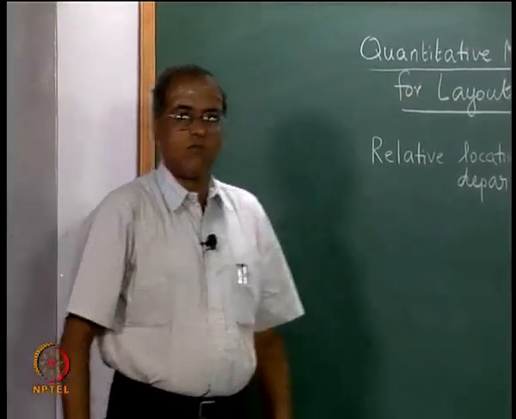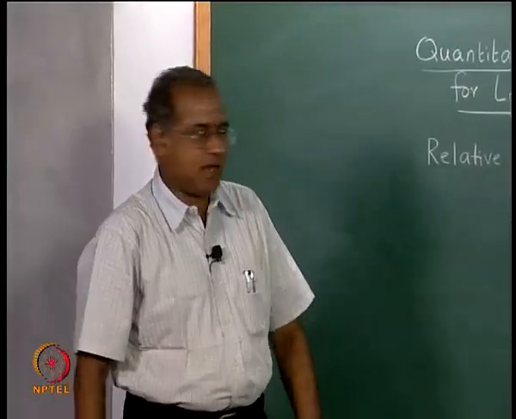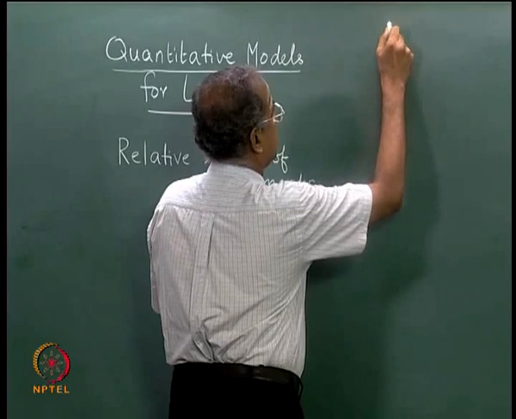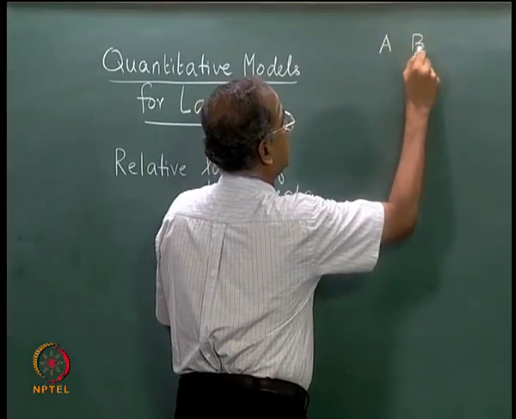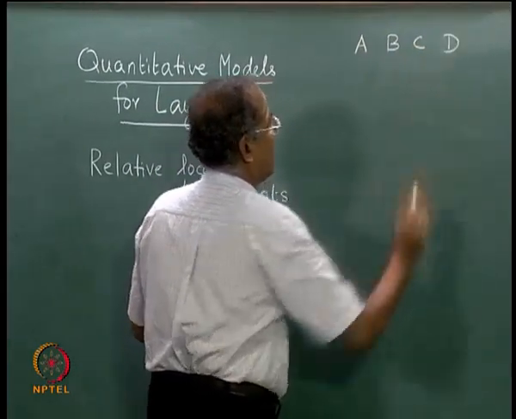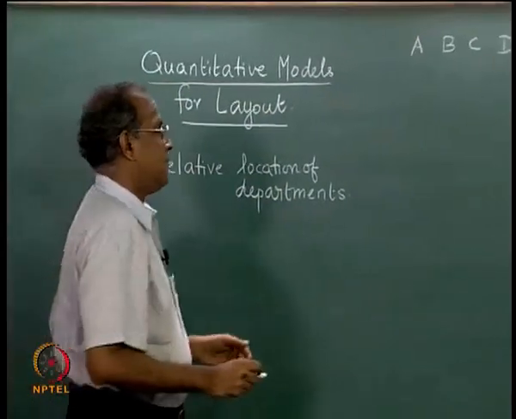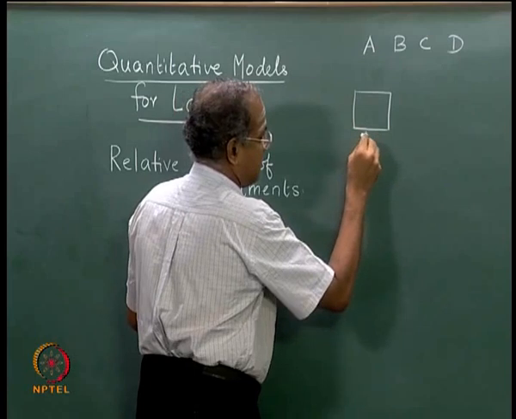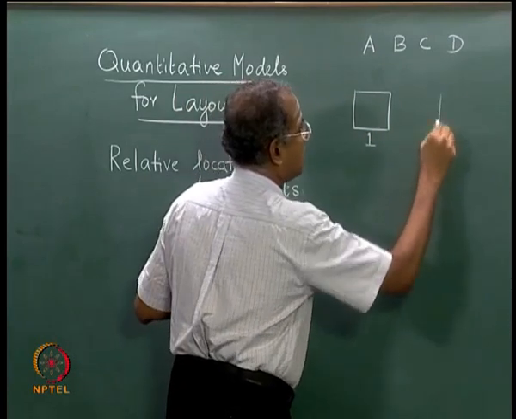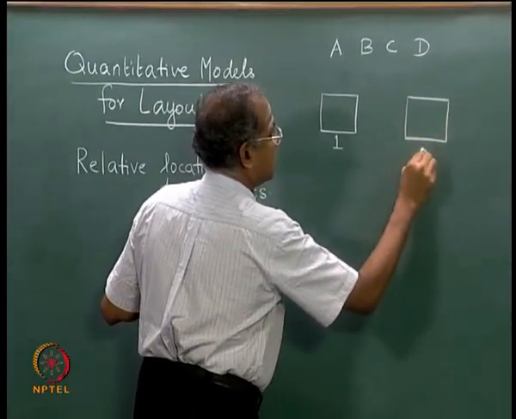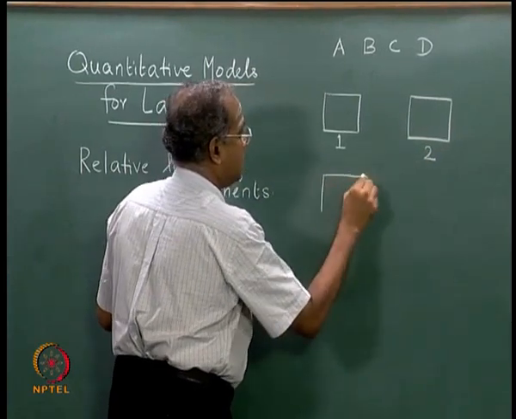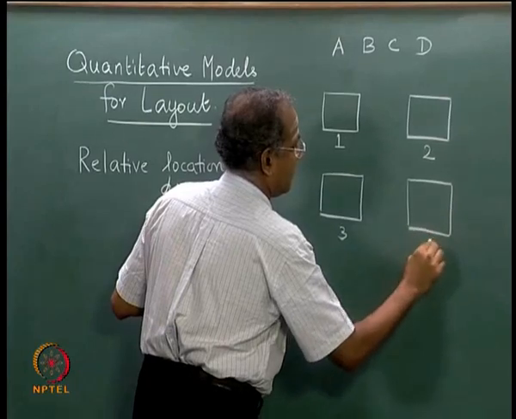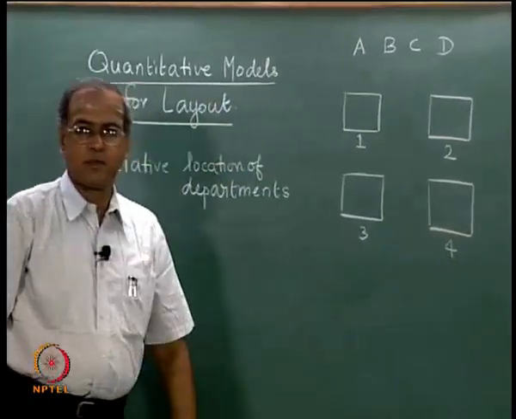Now let us assume that 4 departments have to be placed, and let us call these 4 departments A, B, C and D. Let us also assume that there are 4 sites, which we call 1, 2, 3 and 4.